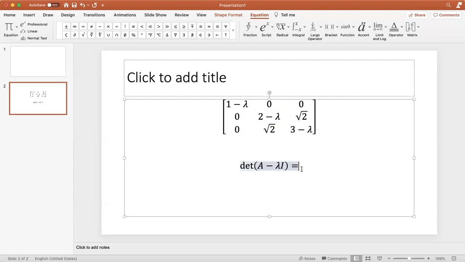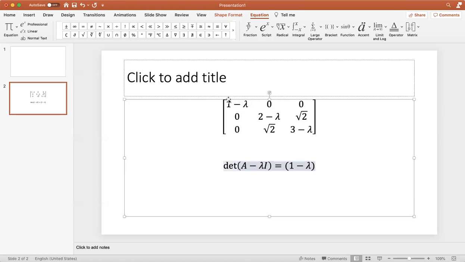So this is equal to 1 minus lambda times, since this is located in the first row, first column, the index of this element is 1, 1. The sum of those indices is equal to 2, so it's an even number. Hence, you still get a positive sign here.